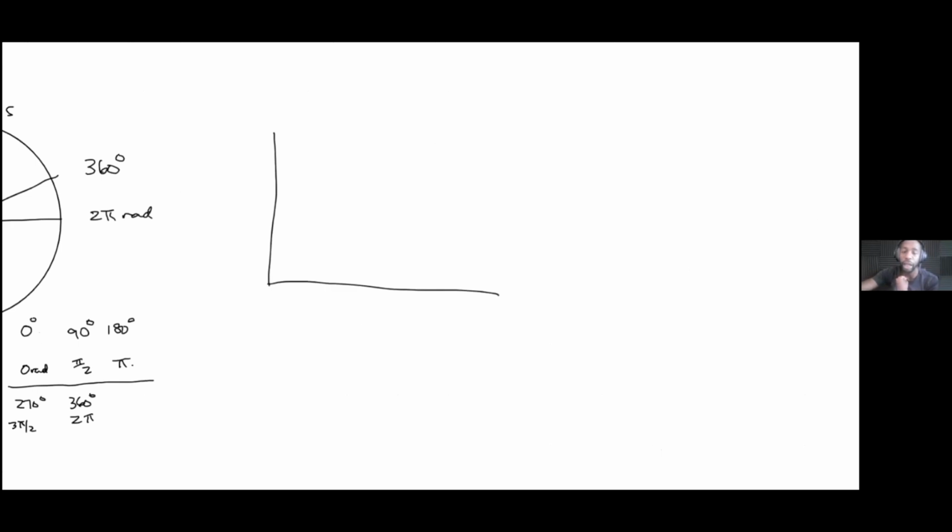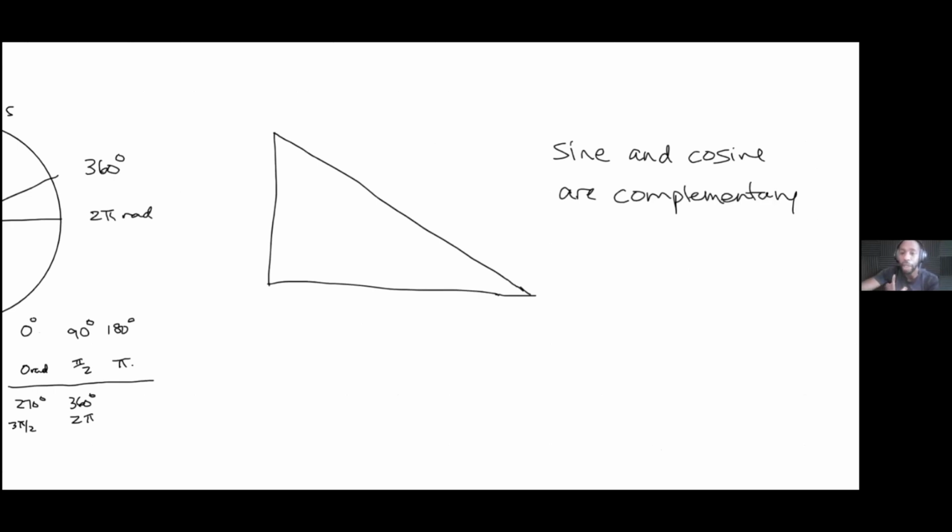Remember the fact that sine and cosine are complementary. And if you remember, that means that they sum up to 90 degrees. Okay. So let's label this like the other one I had.